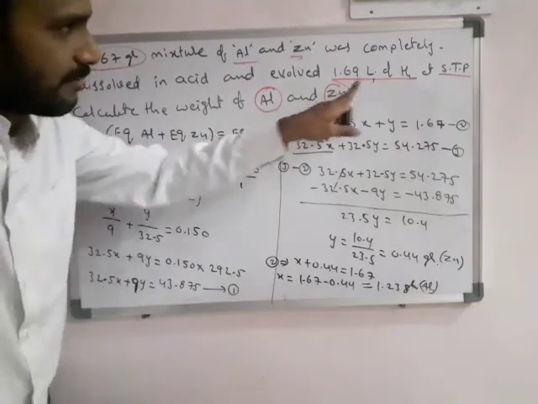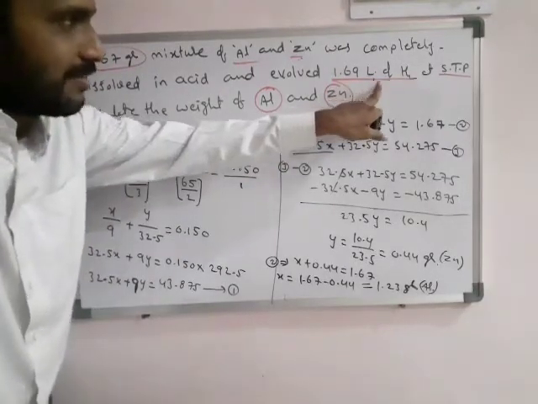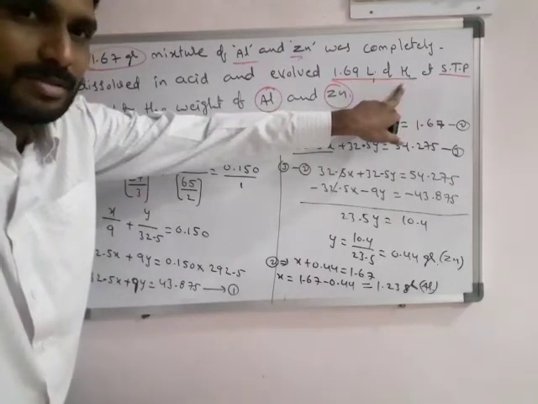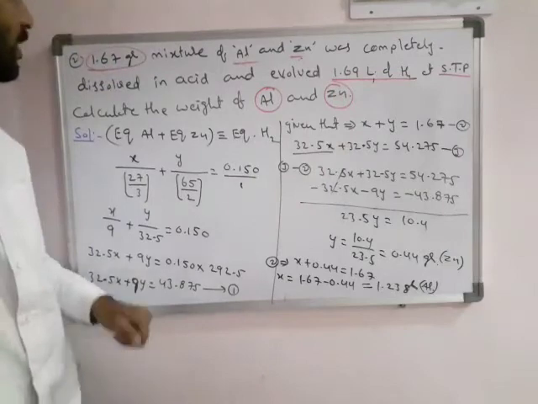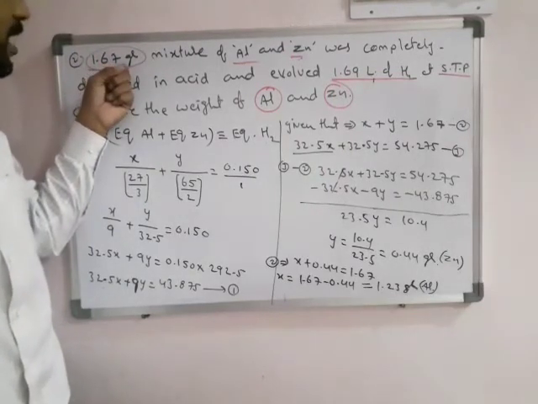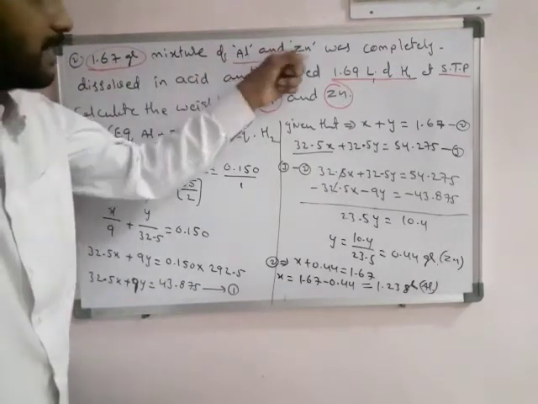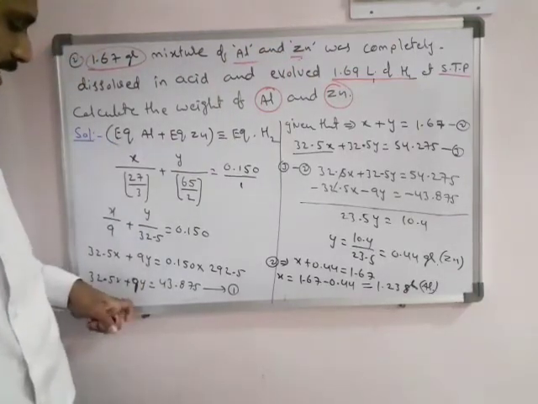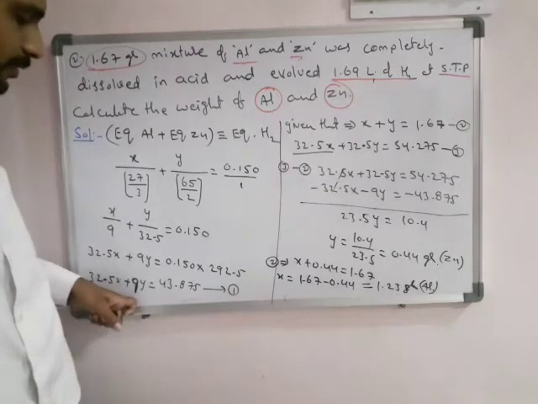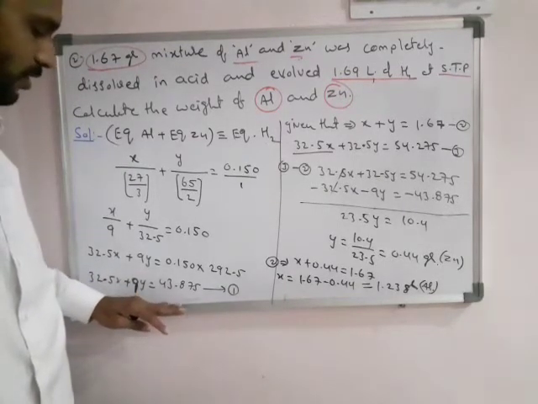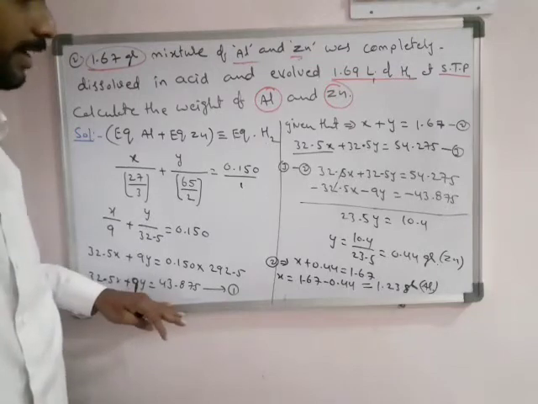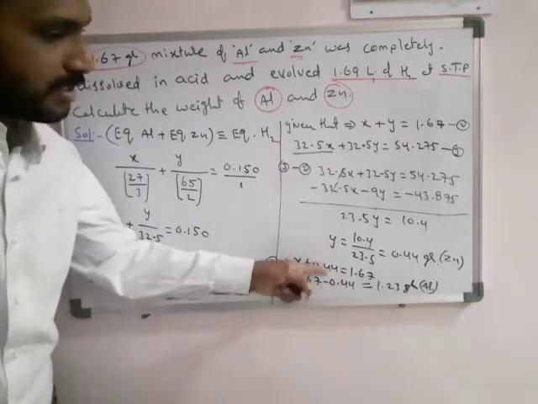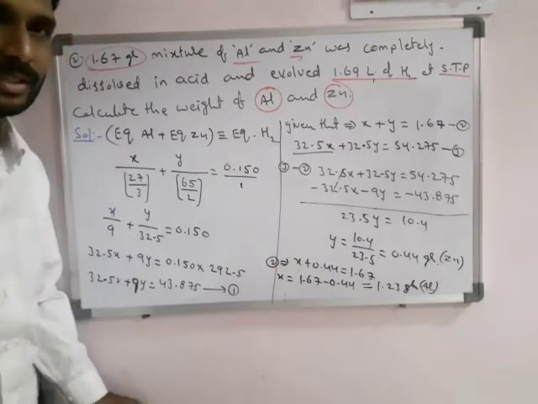Volume is given for hydrogen at STP, so we can convert it into grams. So there is no problem. But we can't convert 1.67 grams into valence because we don't know the separate weights. Finally we get two equations between x and y. By solving these equations we will get the weight of zinc and the weight of aluminium.